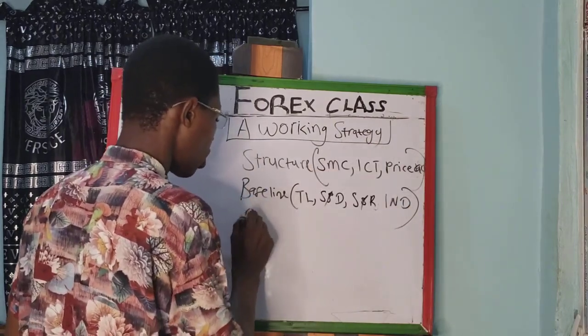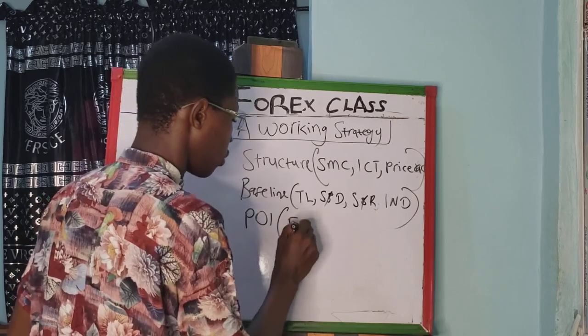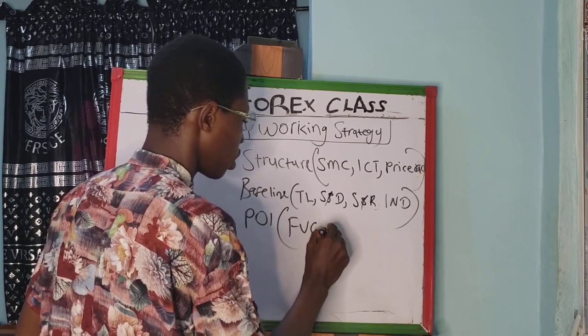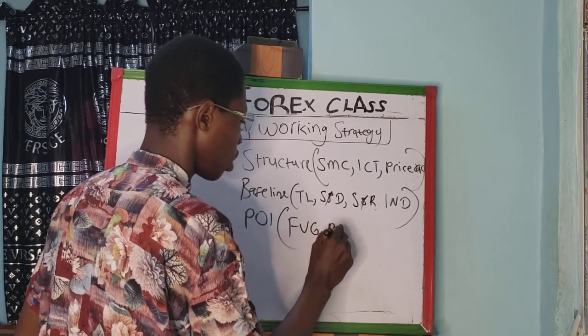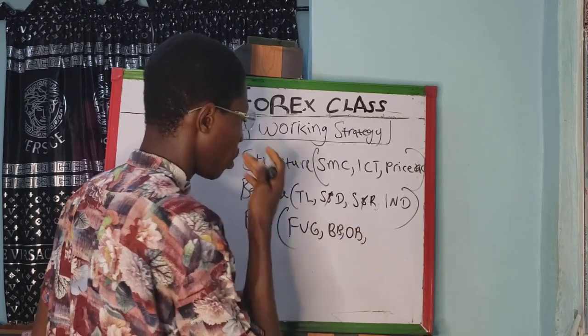So for POI, which is the point of interest, we have the FVG, which is the fair value gap. We have the BBB, which is the breaker block. We have the OB, which is the order block.